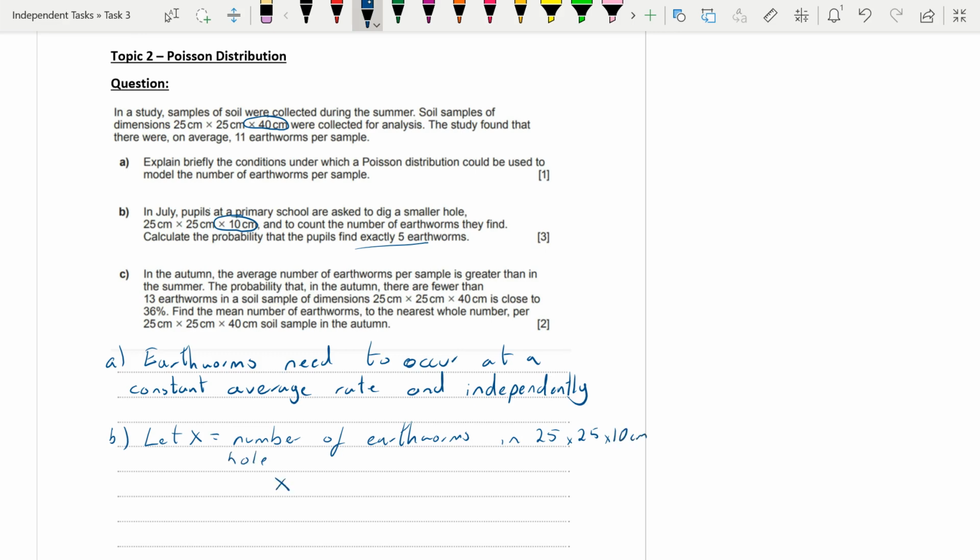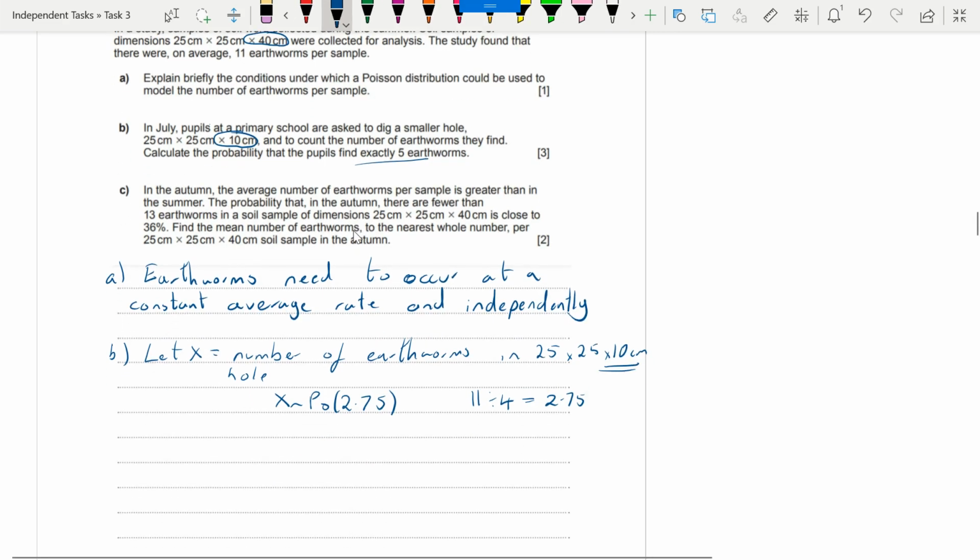Okay, now I can say X is Poisson distributed. Now I need to change my lambda here, because my lambda of 11 was for 40. So I'm going to take 11 and divide by 4, because I only want it per 10 now, as that's my last number. It gives me 2.75. So X is Poisson distributed with 2.75. Now from here, I want the probability of exactly 5, so X equals 5.